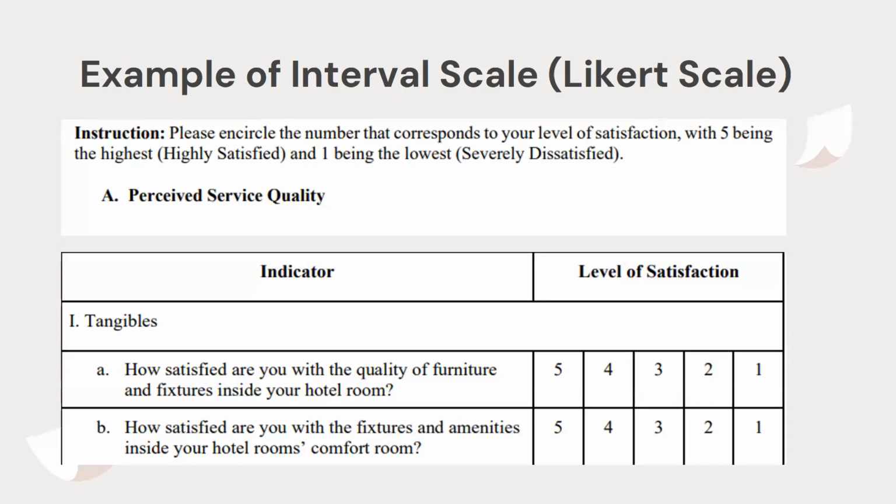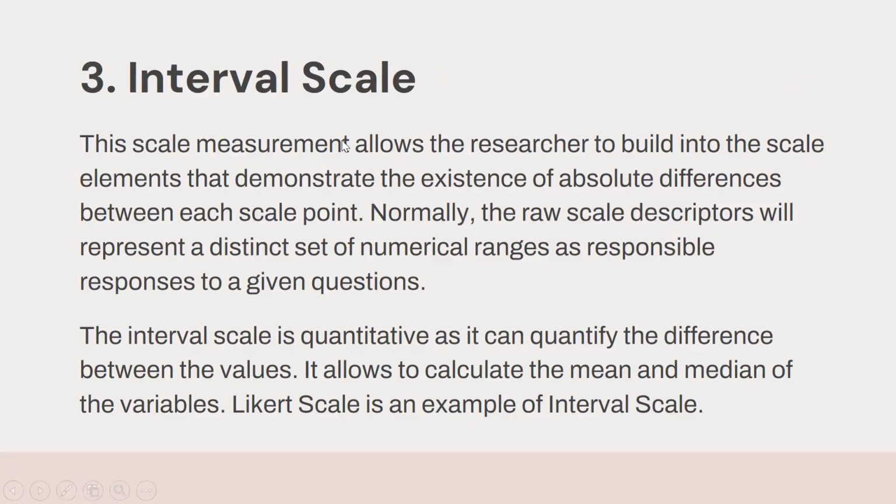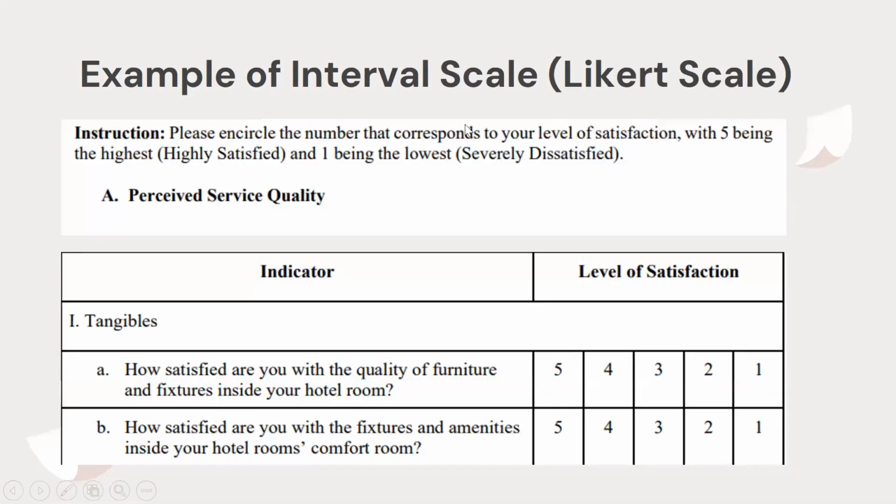This is an example. Here, this questionnaire is again from the research on perceived service quality. This is a Likert scale. This is what a Likert scale looks like. The scale of measurement of this is to determine the absolute differences between each scale point. It says here, please encircle the number that corresponds to the level of satisfaction, with 5 being the highest and 1 being the lowest.